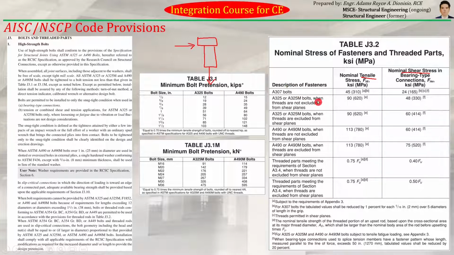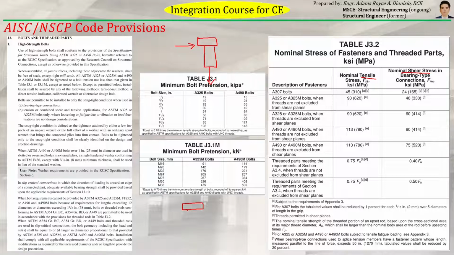Okay. So ano bang ibig sabihin ng mga threads are not excluded tsaka threads are excluded? Kasi nga, as I mentioned a while ago, yung bolts natin, like this one, may mga threads yan. Threads. Yan, ganyan. May mga threads yan na ganyan. Okay.